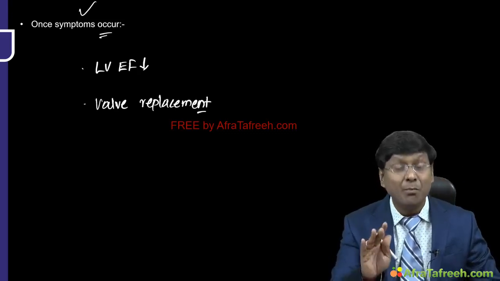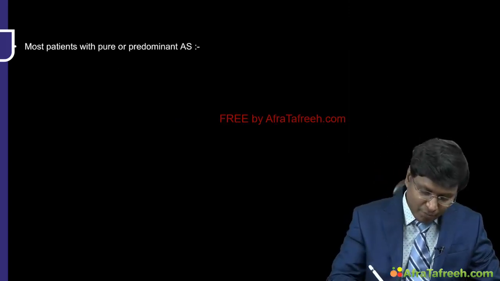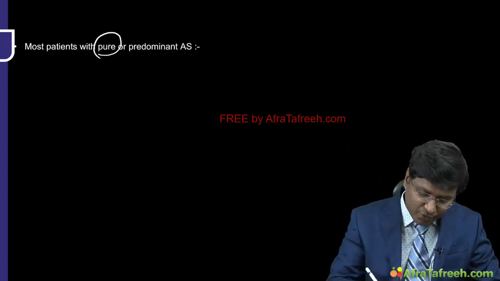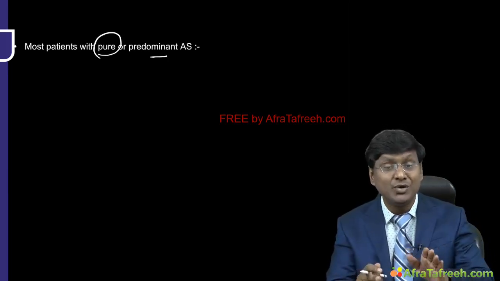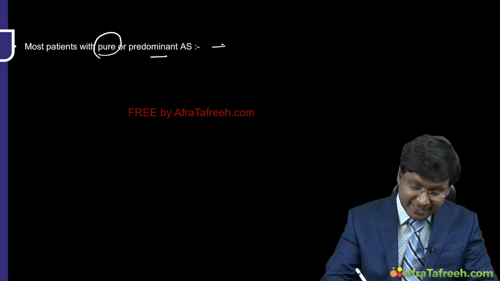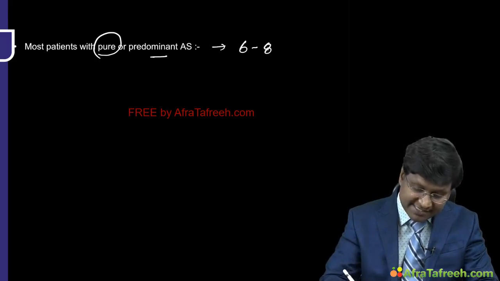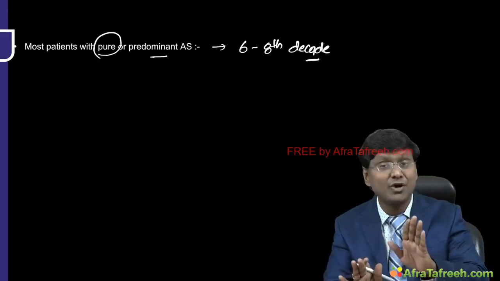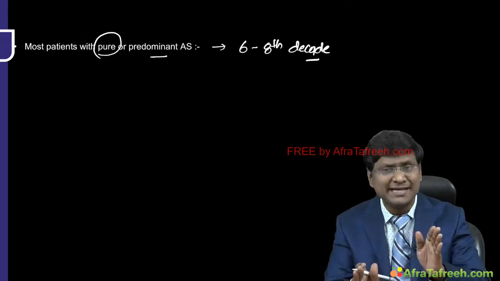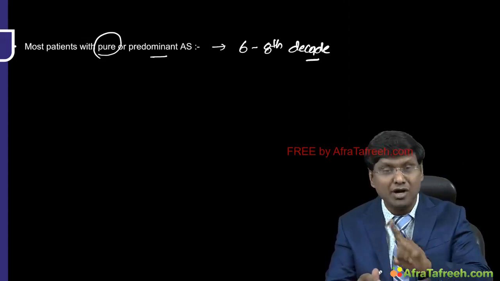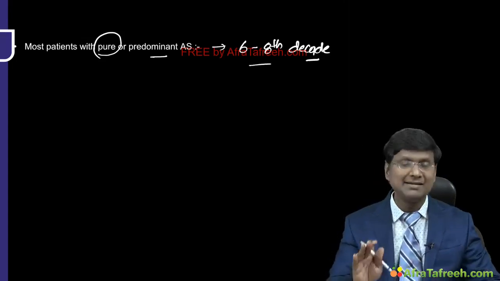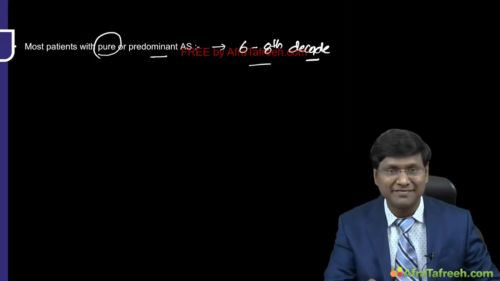And remember, most patients with pure or predominant aortic stenosis, when do they become symptomatic? They become symptomatic around the 6th to 8th decade of life. They have gradually increasing obstruction over years and do not become symptomatic until the 6th to 8th decade of life.